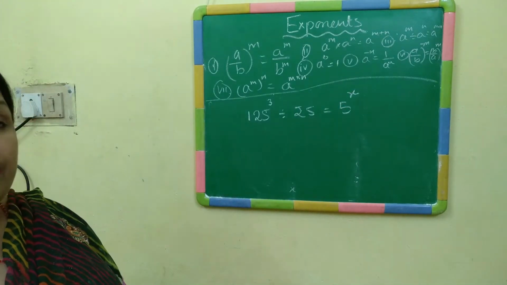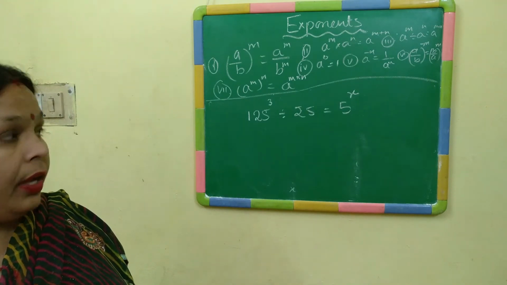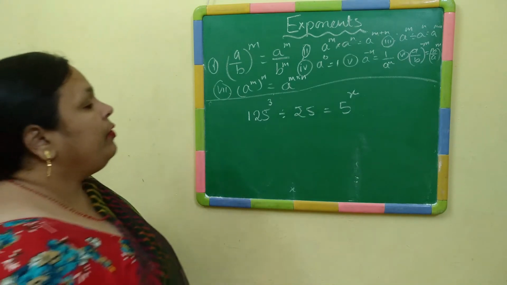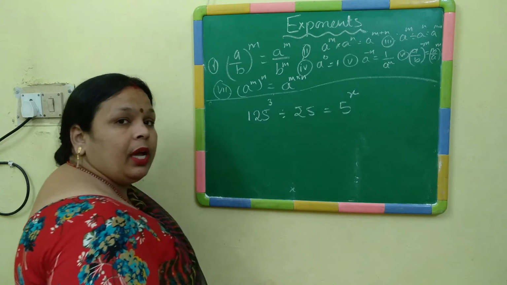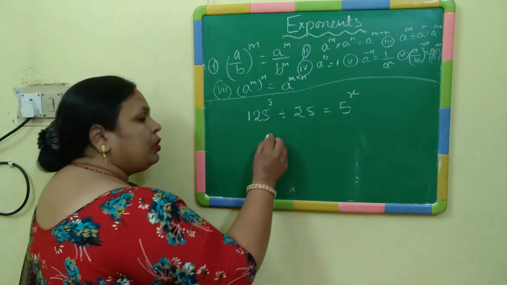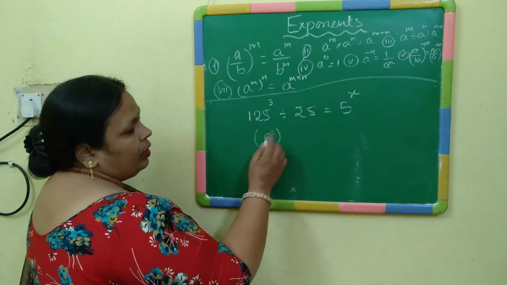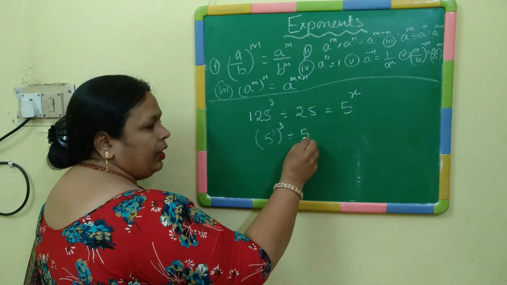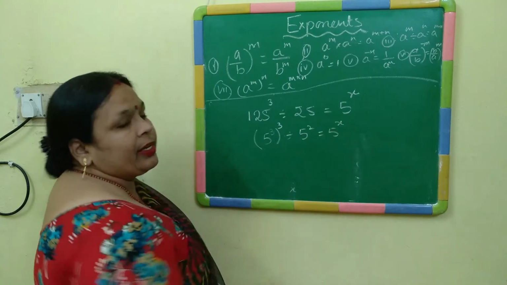Now, if such is the case, you need to find the value of x. How to find the value of x? See, we know that these three numbers can be written with a base of 5. So this will be written as (5 cube) whole cube divided by 5 square is equal to 5 power x.